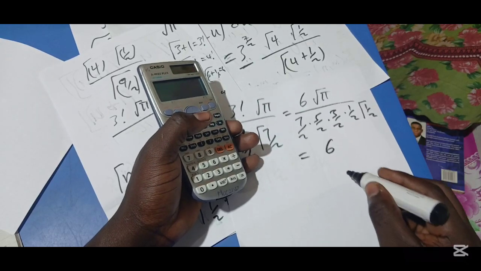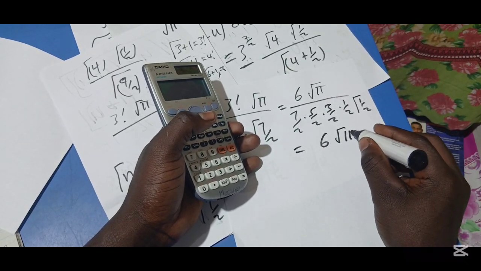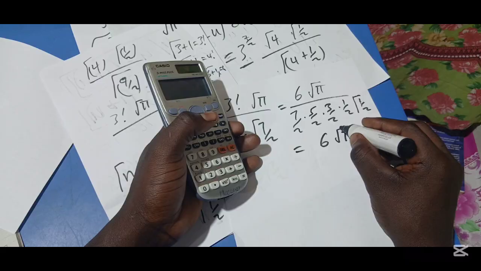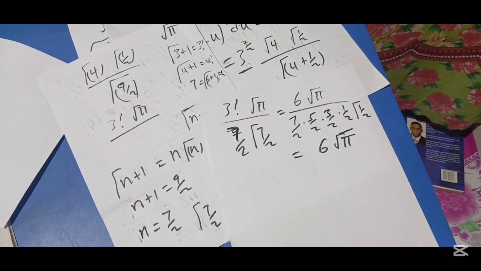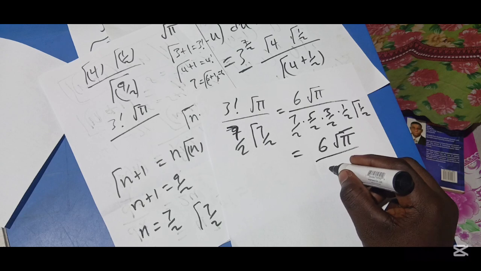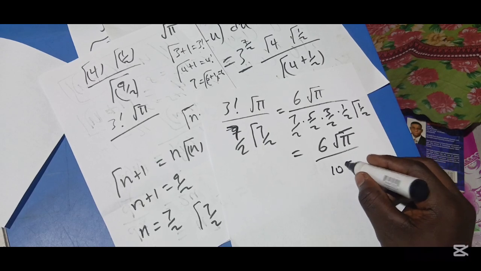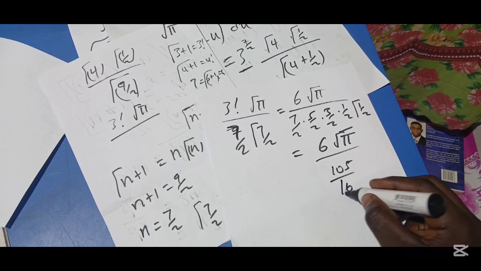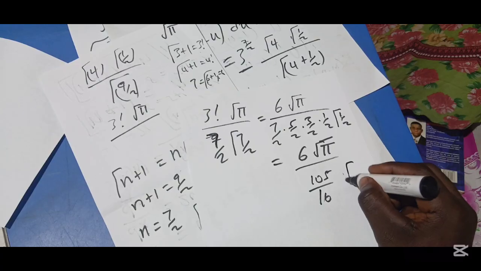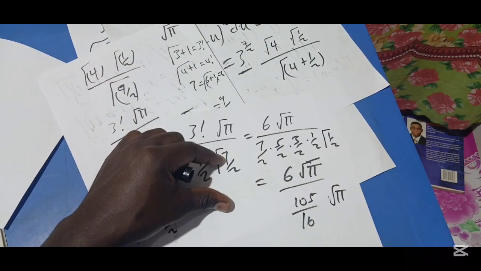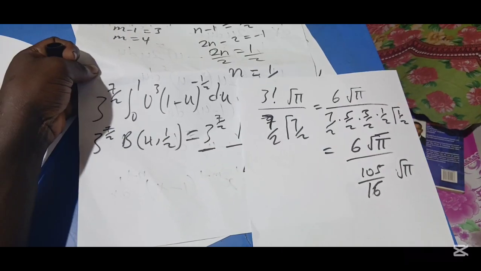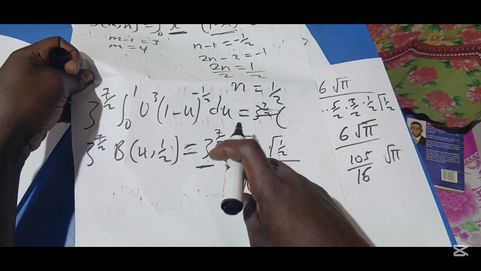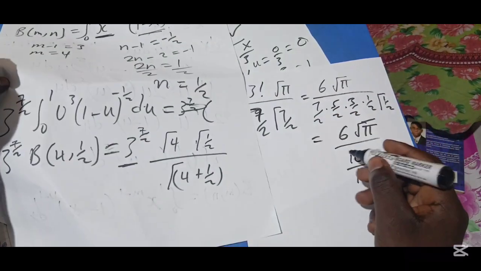So this is going to give us 6 square root of pi over 105 all on 16 square root of pi. But don't forget that this is actually multiplying 3 to the power 7 on 2.